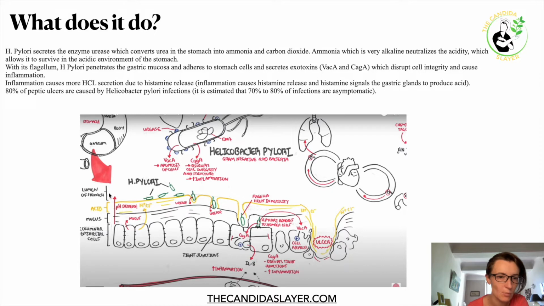And above the acid layer, you have the lumen of the stomach, where there are bacteria, amongst them H. pylori. What it does is it has an enzyme called urease that converts urea into ammonia, and ammonia is a very alkaline product.